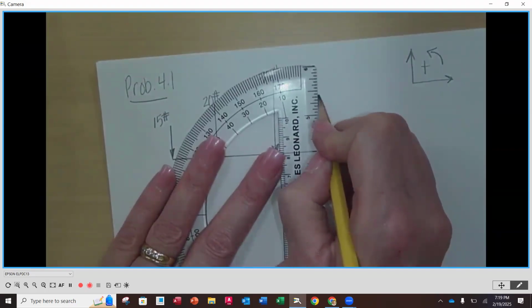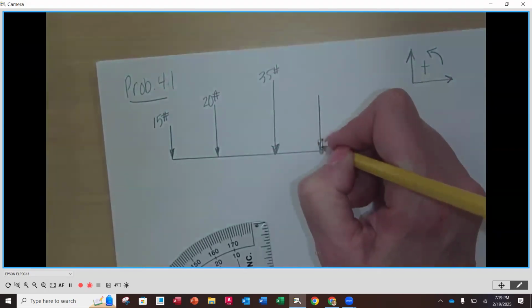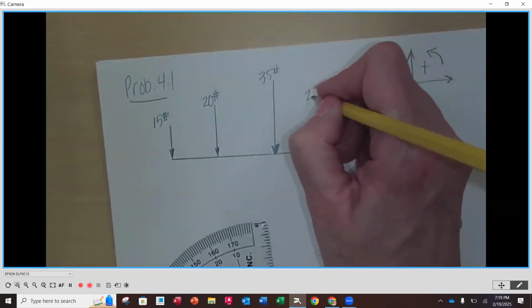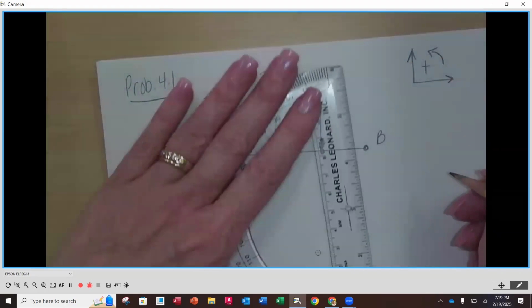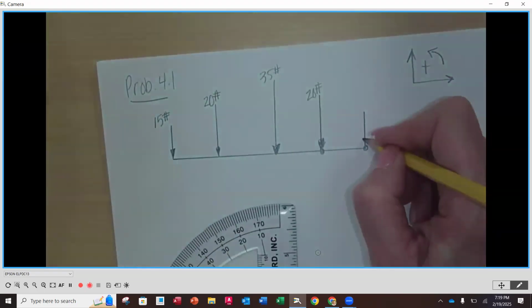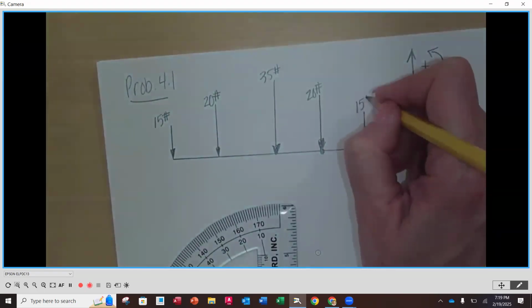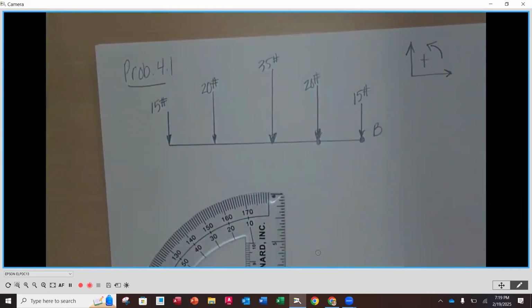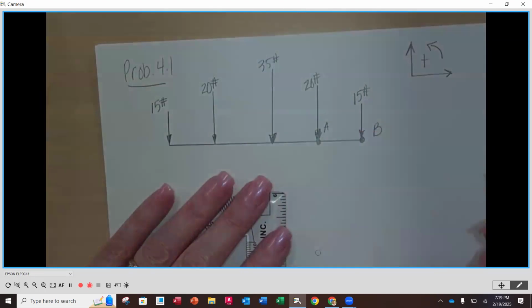Trying to get the same height, so it looks proportional. And then at B, I've got 15 pounds. So all of those external loads or applied loads. Okay. This is point A.